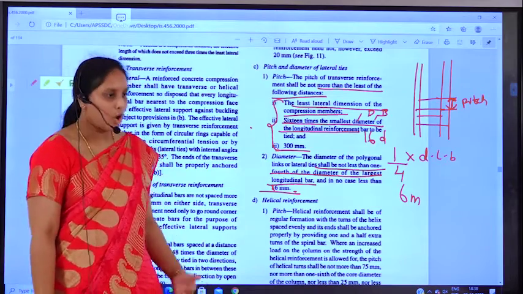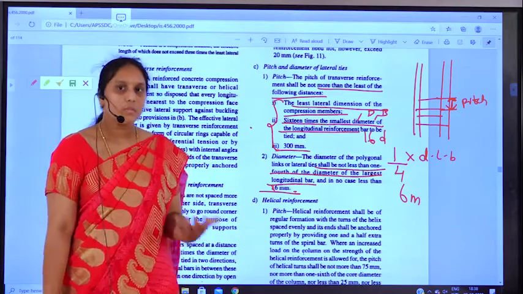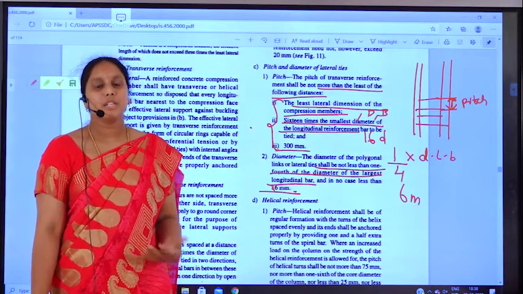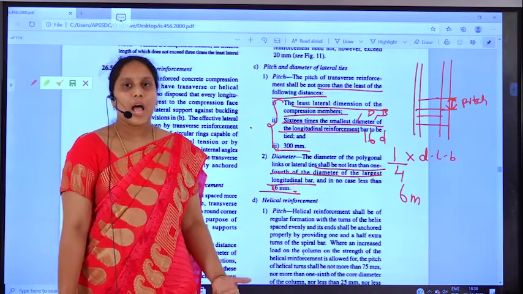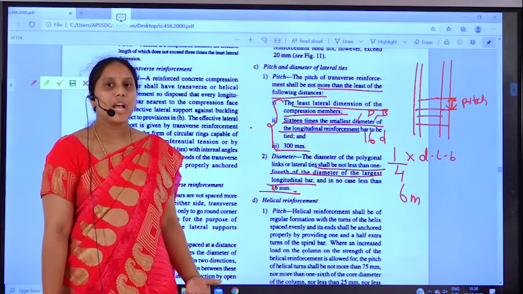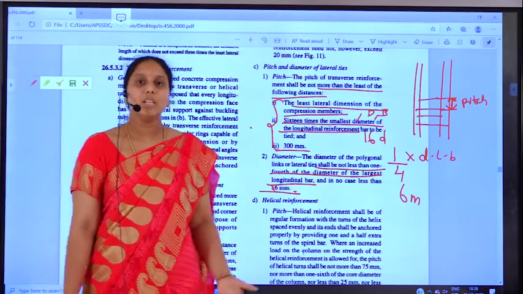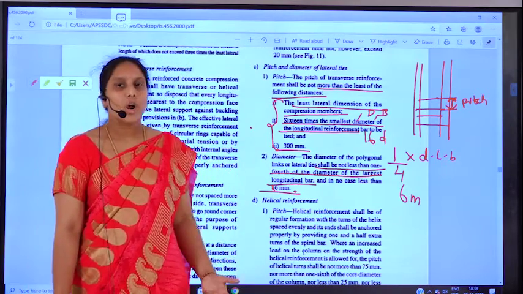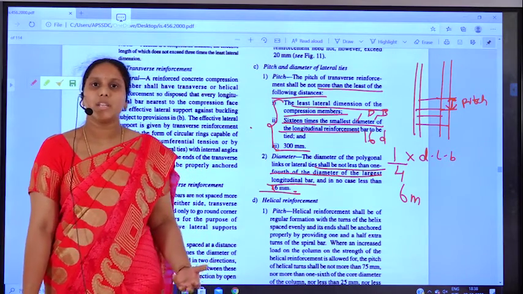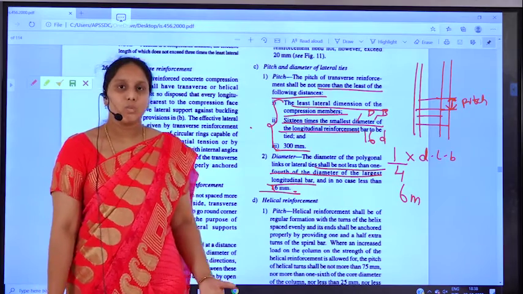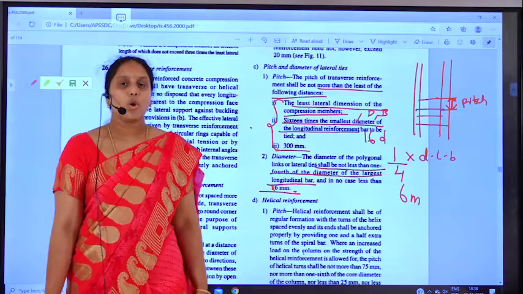So these are the IS codal recommendations you have to follow for the design of axially loaded columns. In a similar way, there are IS codal recommendations for the design of short columns for axial load and uniaxial bending as well as biaxial bending. But the only difference is that the design of columns for uniaxial and biaxial bending moments is very laborious, very lengthy and very complicated.